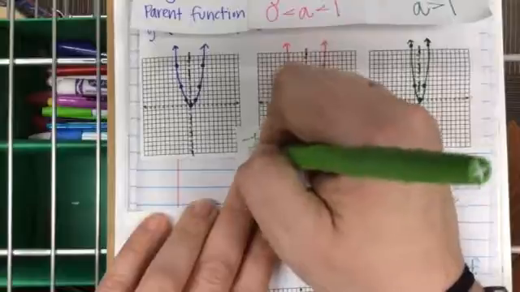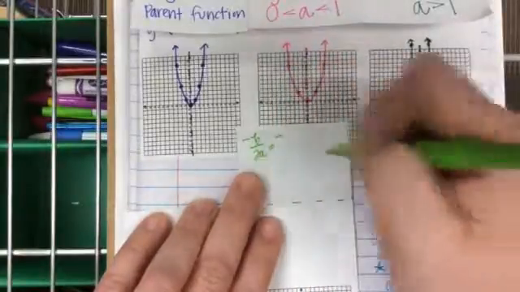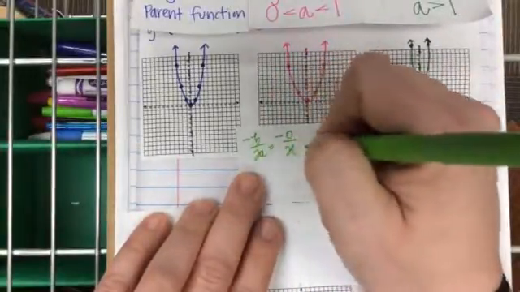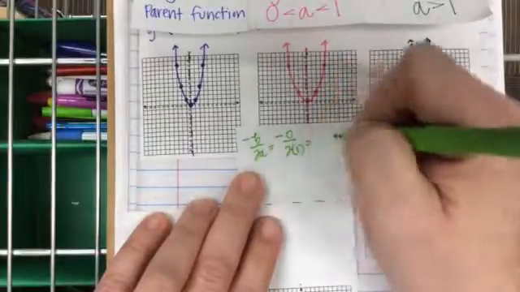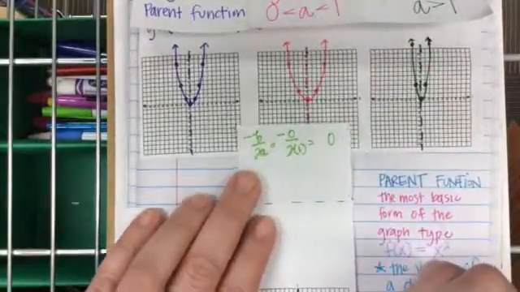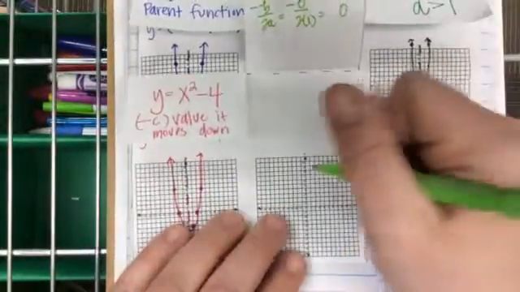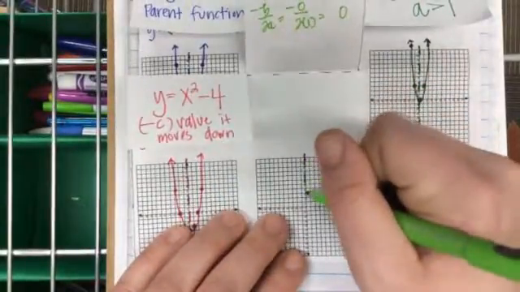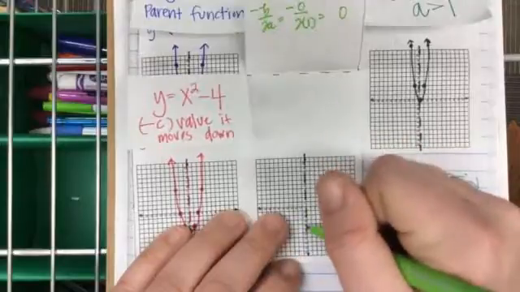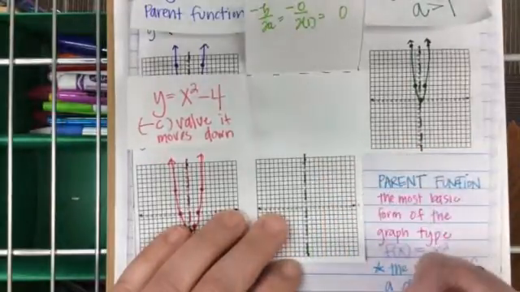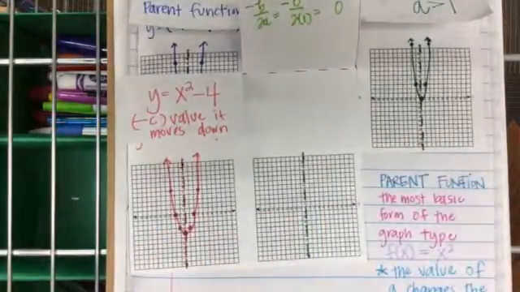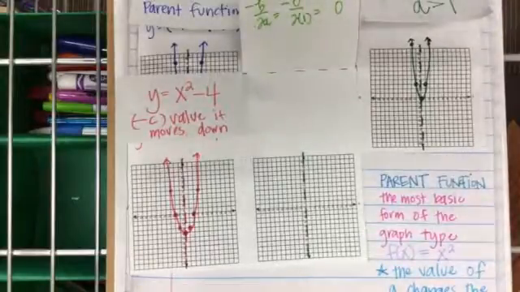So again, negative b over 2a, my b value is 0. So my axis of symmetry is at 0. If your b value is 0, your axis of symmetry is always at 0. Is my vertex always at 0?